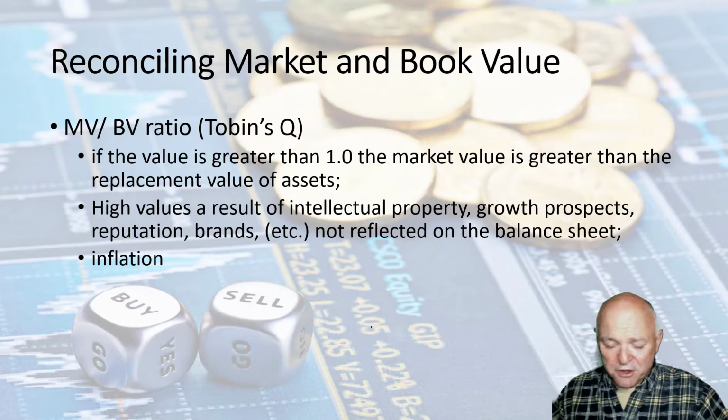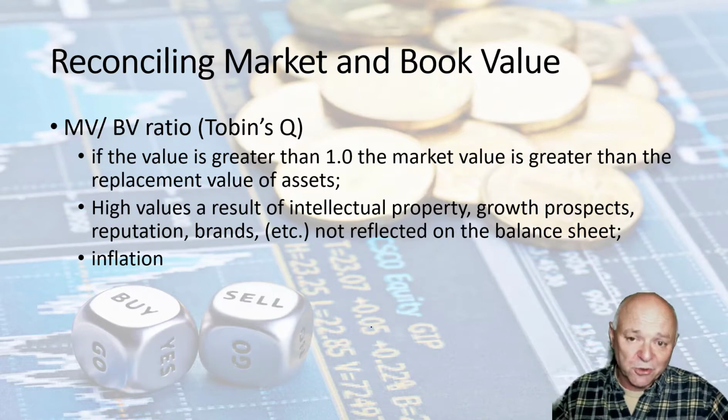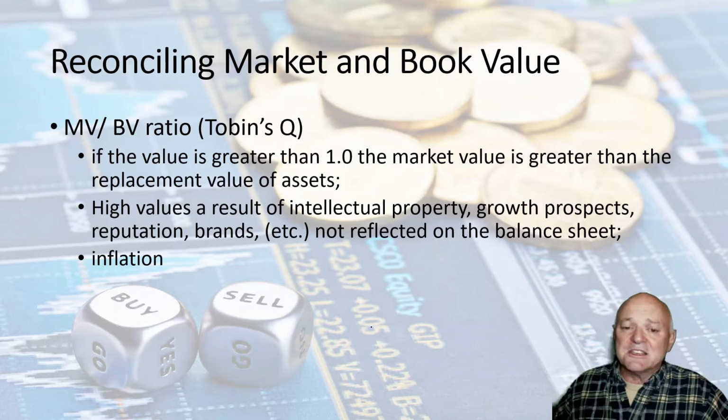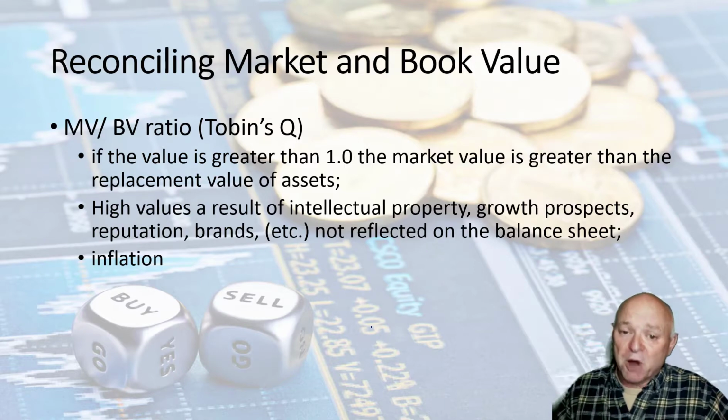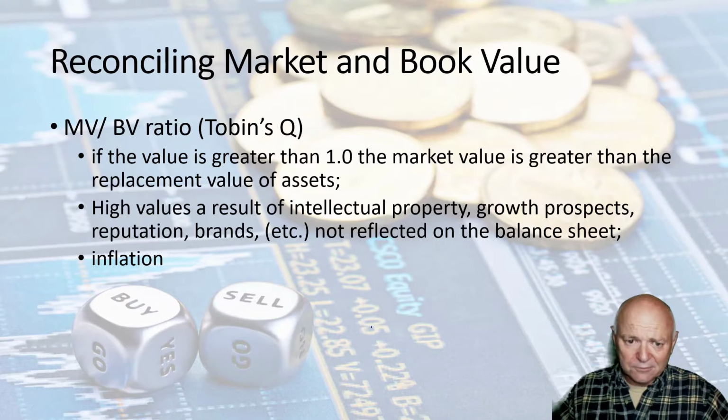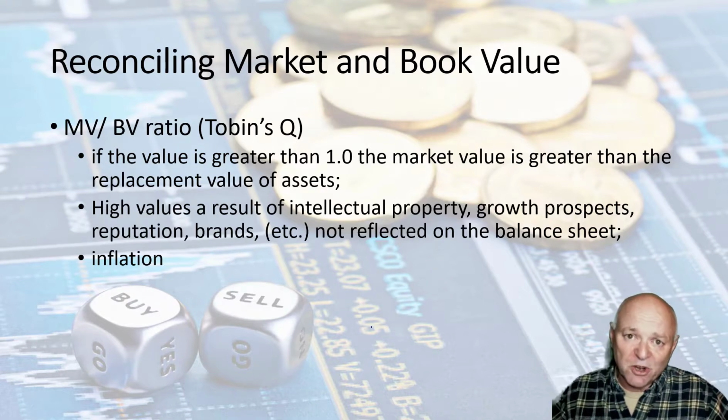Now, another method that we discuss also in our 521 course, and we'll finish up with this one today, is the price to book value, or the market to book value ratio. In this case, which we also describe as Tobin's Q, we've mentioned this one before. If the value is greater than 1, the market value is greater than the replacement cost of the assets.